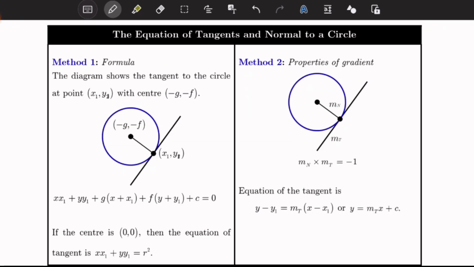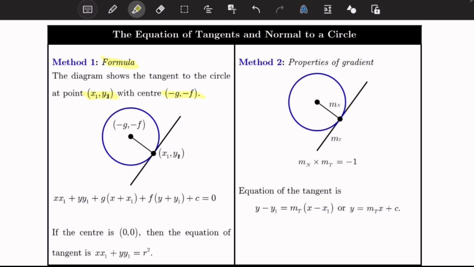Now we are in the final part of the circle, which is we are going to find the equation of tangent and equation of normal to a circle. So there are two methods. The first method is by using formula. To use the formula, we need at least two pieces of information here: the touch point (x1, y1) and also the center of the circle.